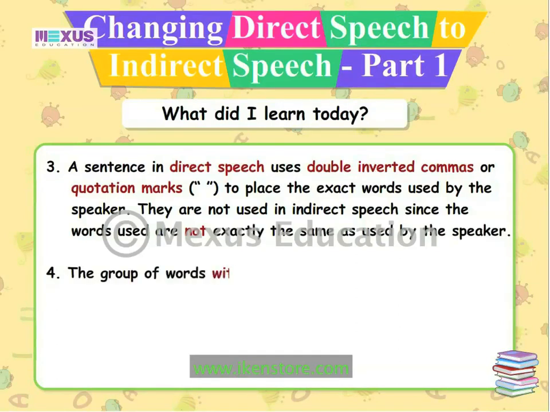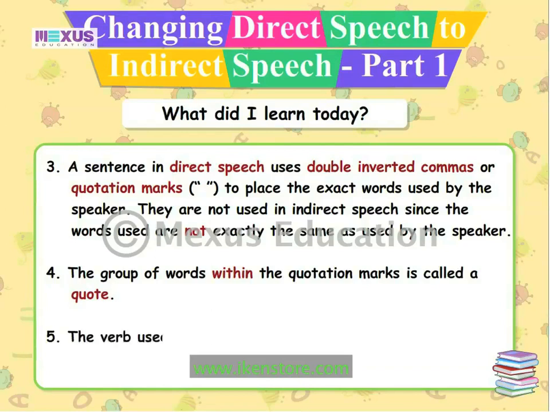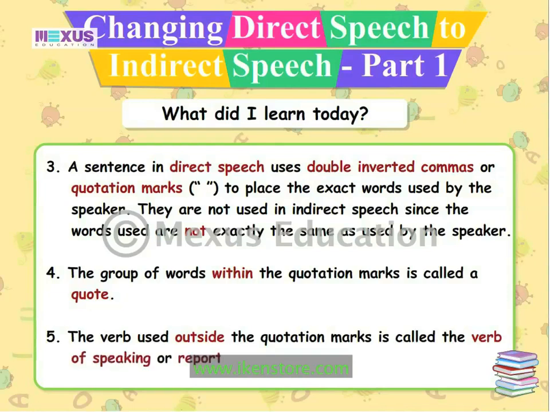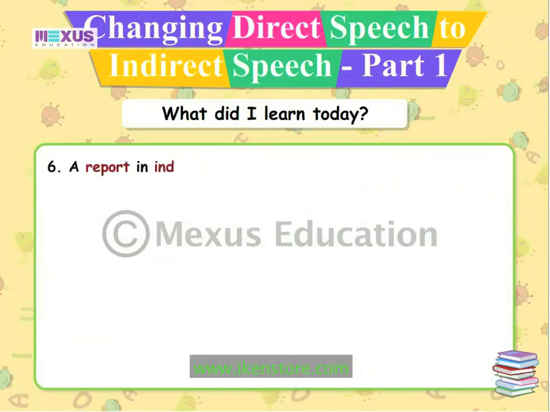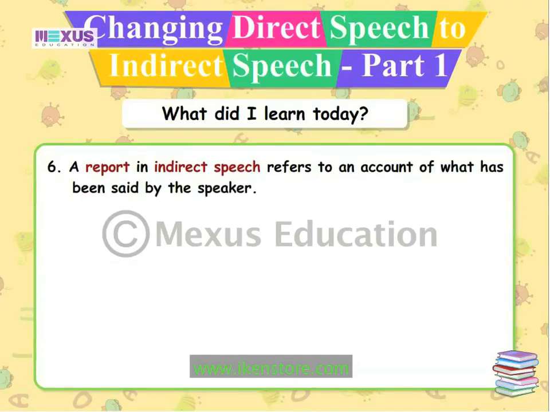The group of words within the quotation marks is called a quote. The verb used outside the quotation marks is called the verb of speaking or reporting verb or main verb. A report in indirect speech refers to an account of what has been said by the speaker.